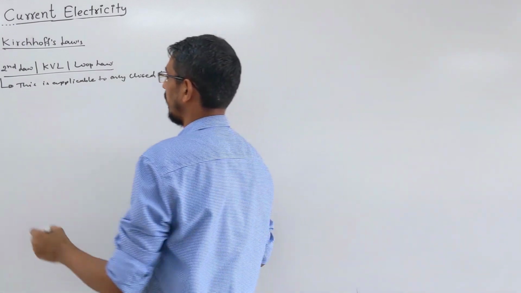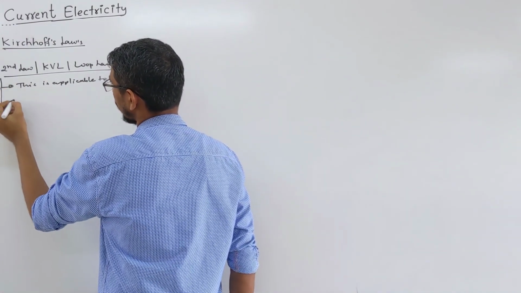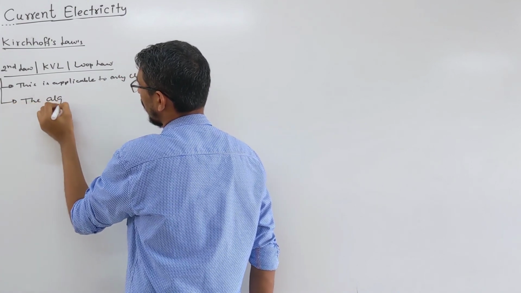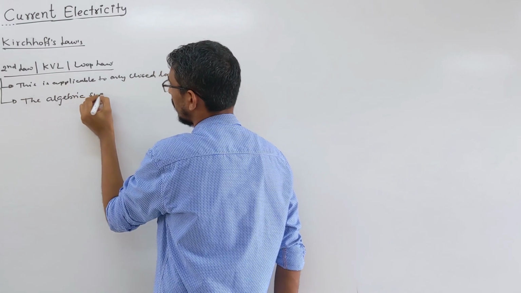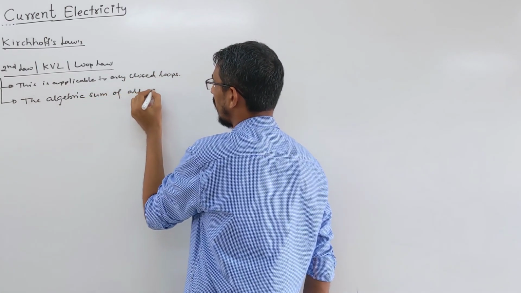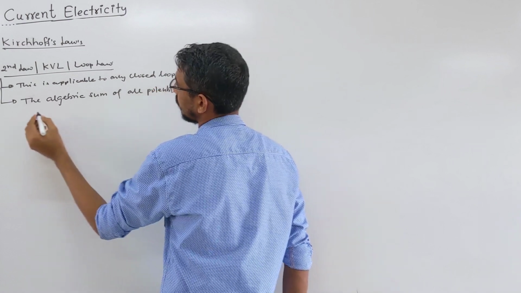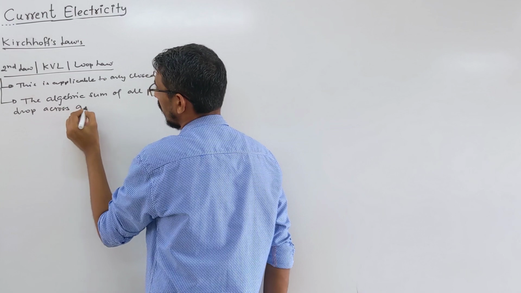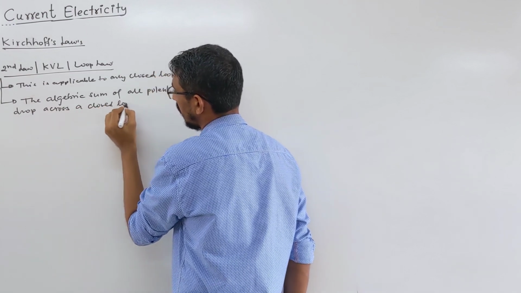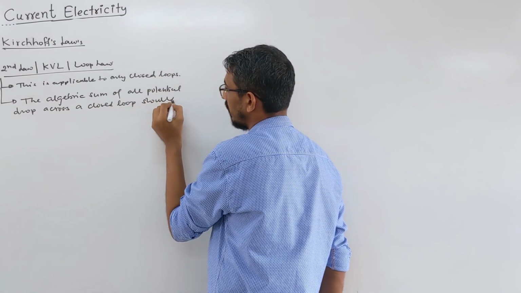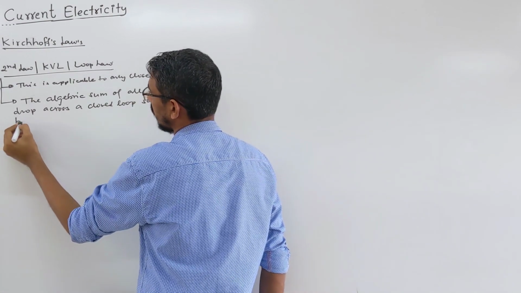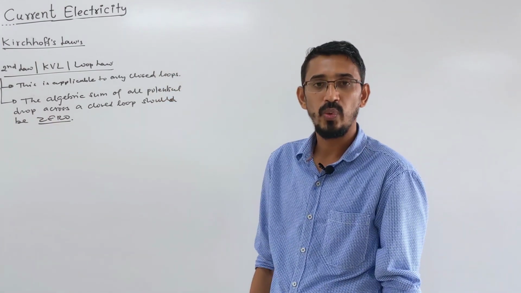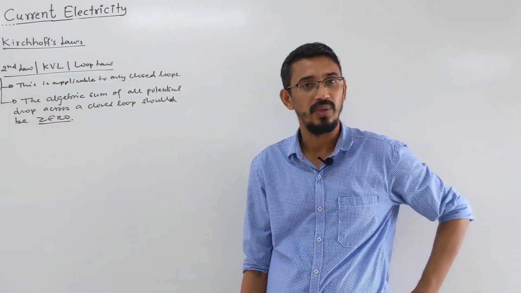Let me write: the algebraic sum of all potential drops across a closed loop should be 0. The total voltage drop in a closed loop is always 0 only.